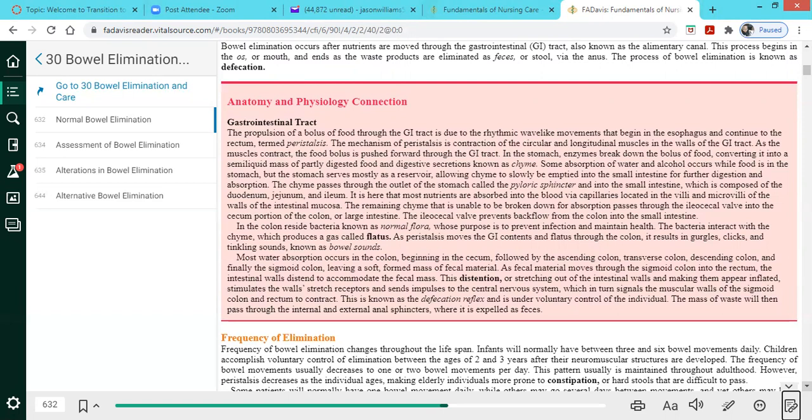Okay. When I think about the digestive process, I think about food entering the mouth. You begin chewing the food in your mouth.